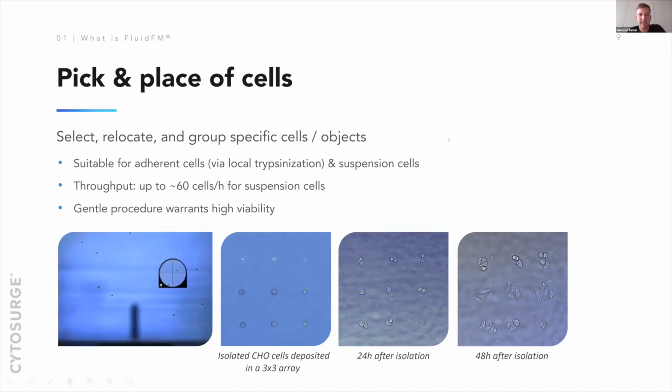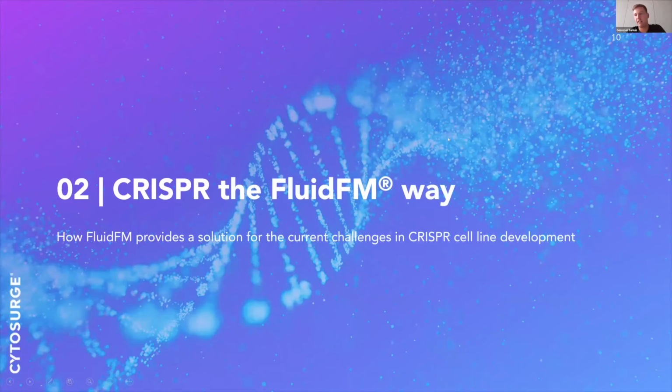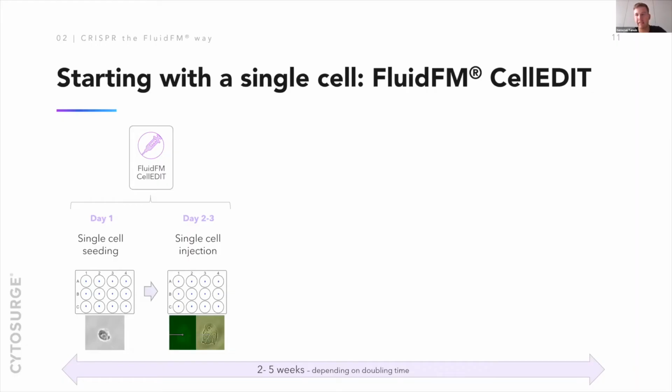And indeed, this is something that we do in a very particular way, because as you can imagine, if you have the monoclonal sorting and you have the injection of CRISPR-Cas9 complexes, then if you put these two workflows together, then what you have is already cell line development. And to do cell line development with FluidFM, this is the road that we follow.